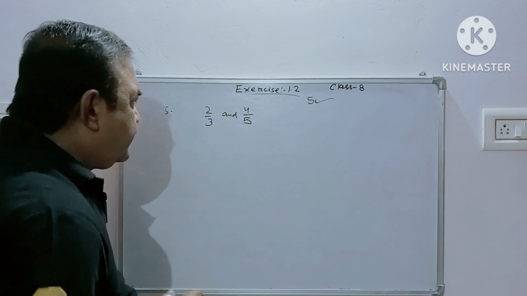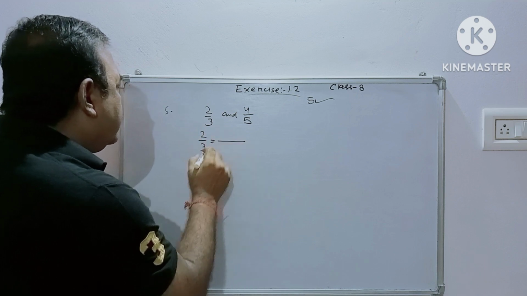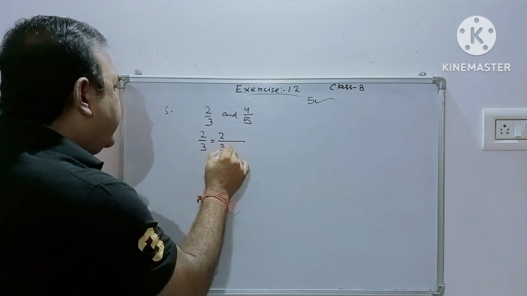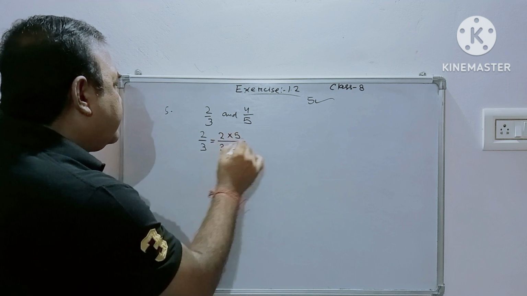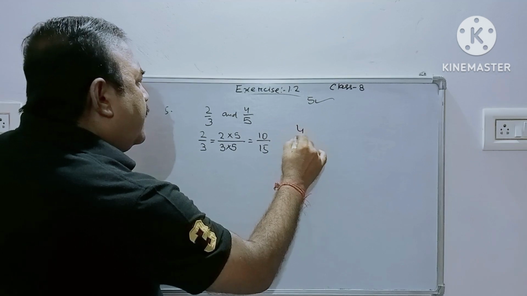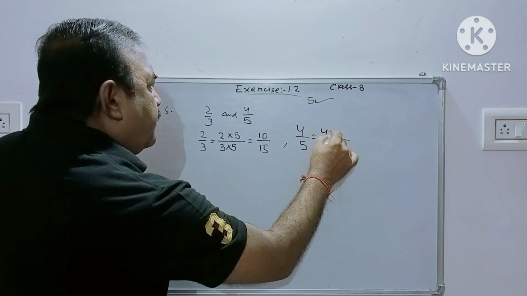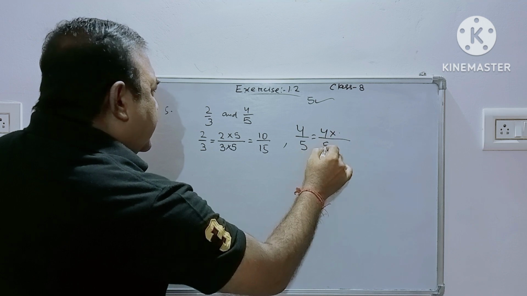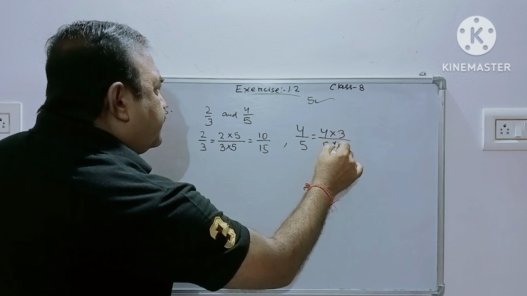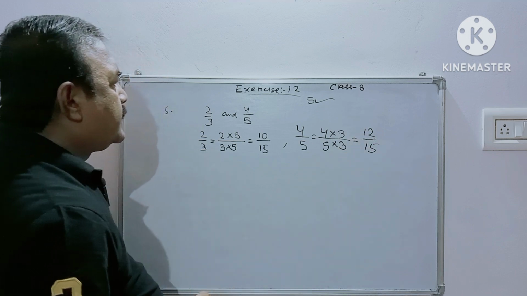So for 3 and 5, the LCM is 15. So you write 2 upon 3 is equal to 2 into 5 upon 3 into 5, that is 10 upon 15. Then 4 upon 5, you multiply by 3, that is equal to 12 upon 15.